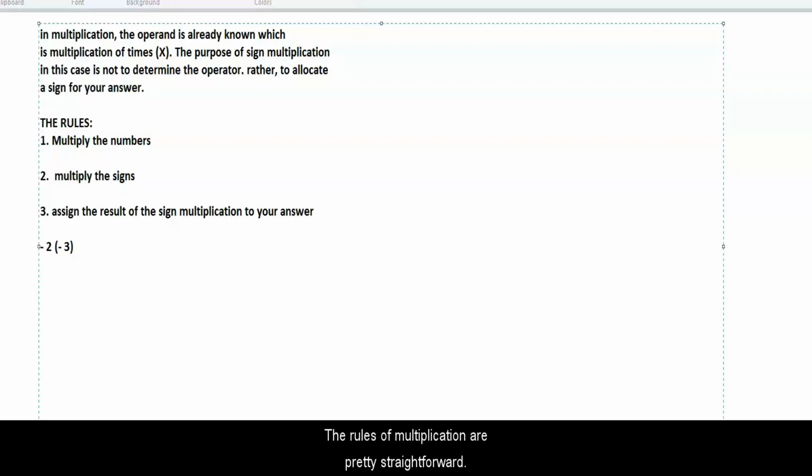The rules of multiplication are pretty straightforward. Now, in this example, minus 2 bracket open minus 3 bracket close. Take note.